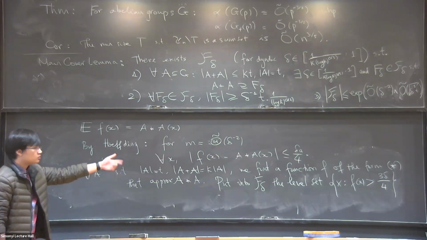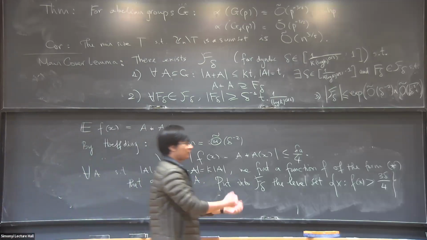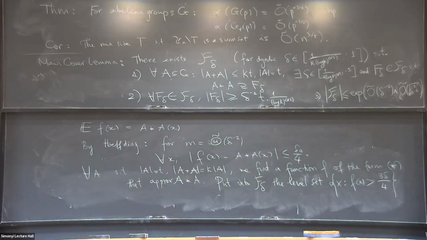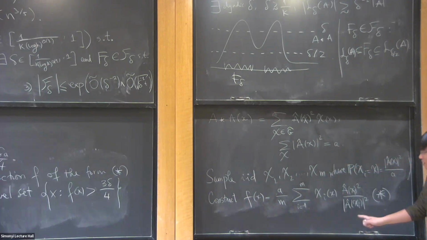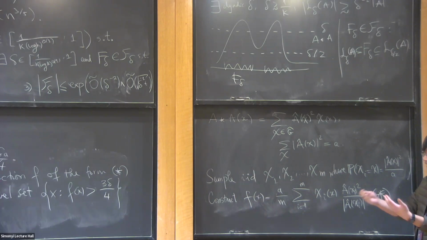Well, we can count how many very good discretizations of this function f of the form star we could have. So here we have m characters, and m is about delta to the minus 2. We can pay the cost to identify these characters, and then we can similarly pay a small cost to approximate very well these rotating phases.